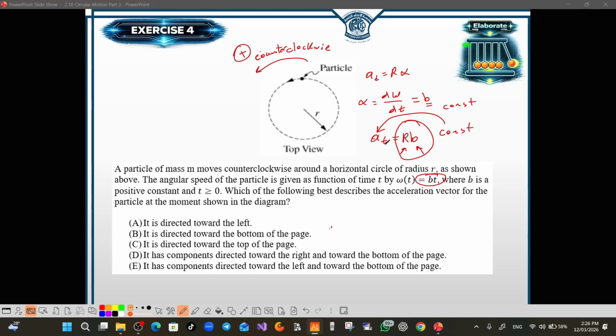So since the at, the tangential acceleration, is positive, the direction will be counterclockwise, with the at in this direction and the ac in this direction. So the direction of the acceleration will be to the left and toward the bottom of the page. And this can be found in D. In D, it has components directed toward the right, sorry, toward the left, not to the right. So it's not D. It's going to be E because it should be toward the left. This is the left. And the other component will be to the bottom of the page.